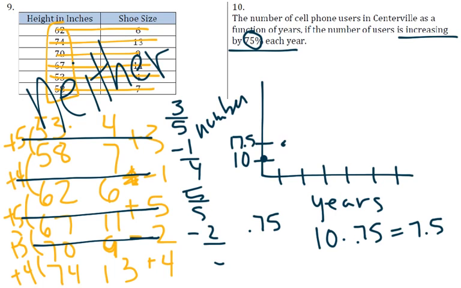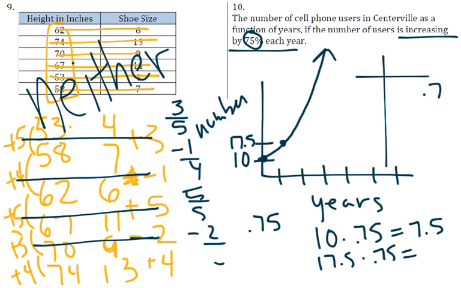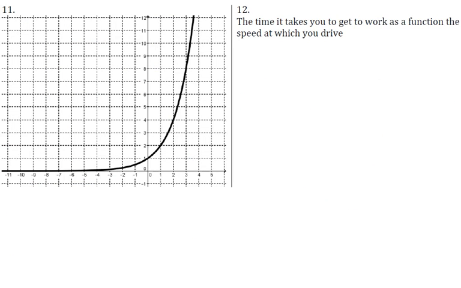And then the next year, we would times 17.5 by 0.75 to get a bigger number. So we're multiplying every number by 0.75, so it's going to give it that curve. If you made a table, you'd go times 0.75, times 0.75, so it would make it exponential. So stop, take a look at number 6 now, and go with that.